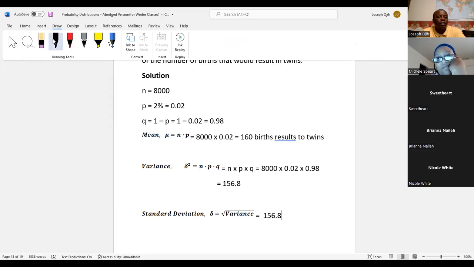So we take the square root of 156.8, which is 12.52. Since we're using one decimal place on this one, we can just make it 12.5. That's it.